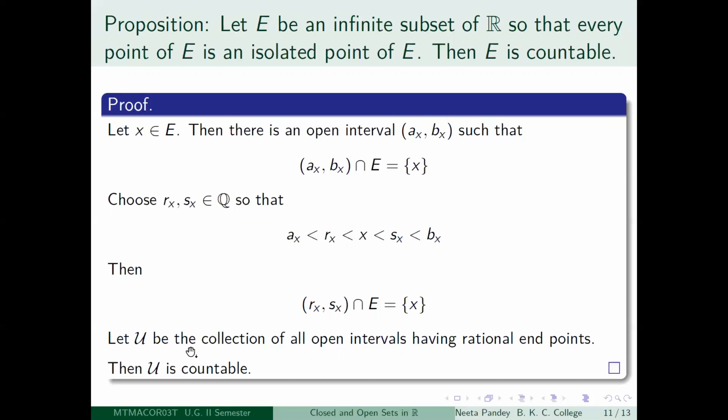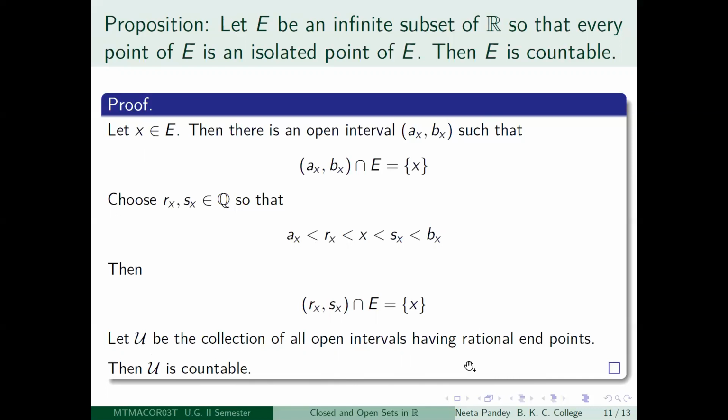Now look at script U, which is the collection of all open intervals having rational endpoints. In the lecture on countable and uncountable sets, I had shown that U is a countable family, or countable collection.